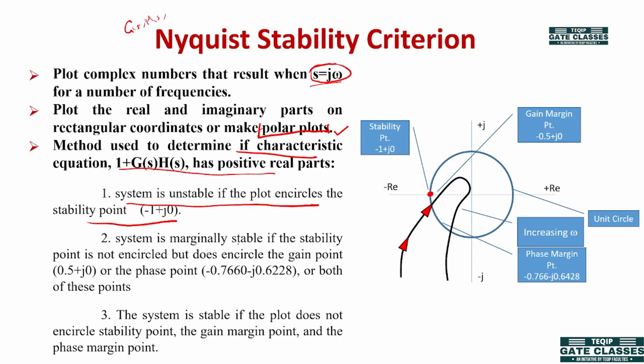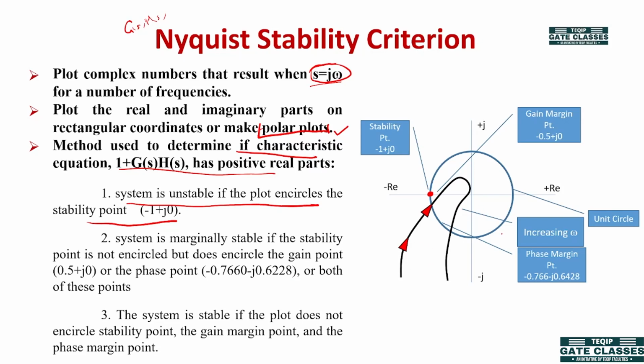The system becomes marginally stable if the stability point is not encircled but the curve does encircle the gain point, that is 0.5 plus j0, or the phase point, that is 0.7660 minus j0.6228, or both of these points.